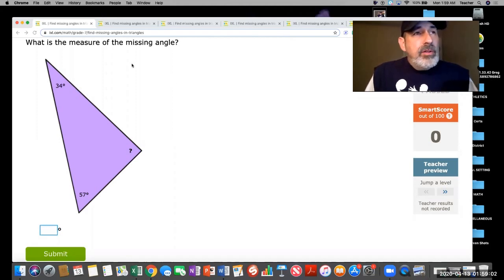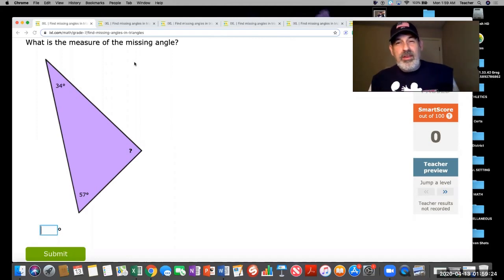So I know every triangle in the universe, and actually, I jokingly tell my students, can you think of a triangle, not even in the universe, but here on Earth, that is not 180 degrees? I could think of how to make one that wouldn't equal 180 degrees. We'll talk about that at the end.